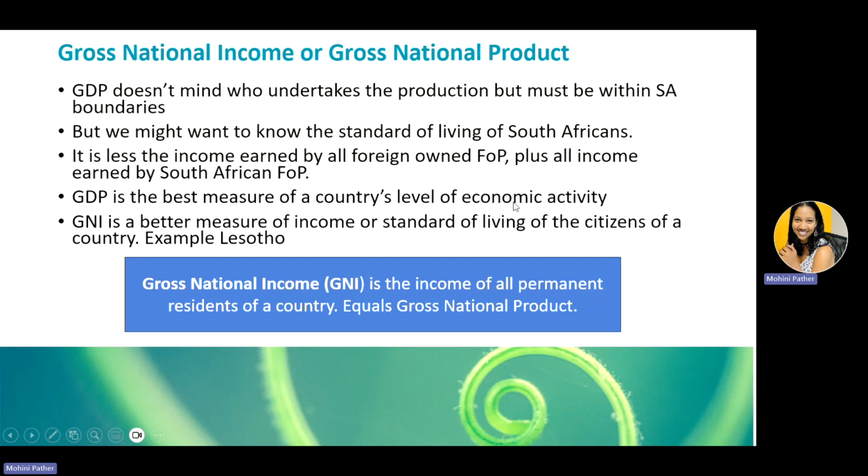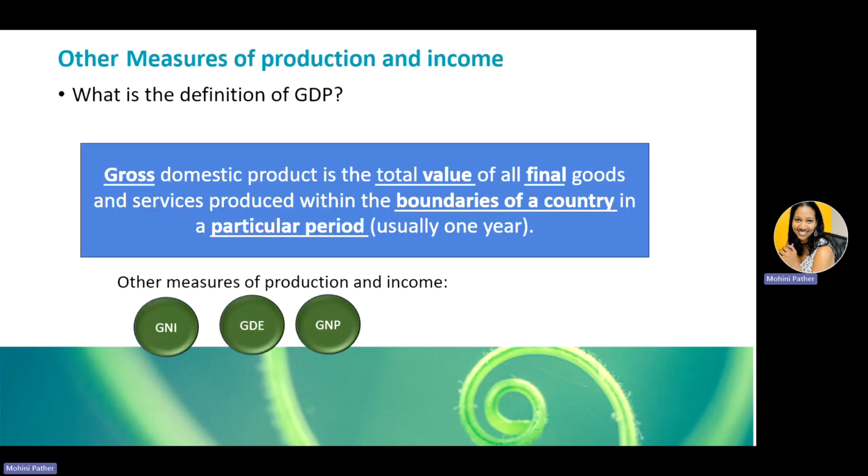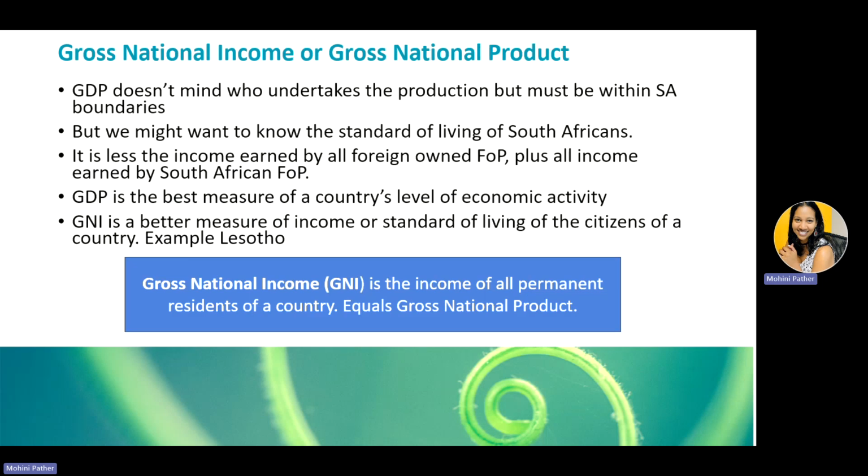Now the difference is, because this also gets important, in the same way you will be asked to convert different GDP figures, you may be asked to convert GDP to GNI to GDE, etc. So, the difference between gross national income and gross national product.